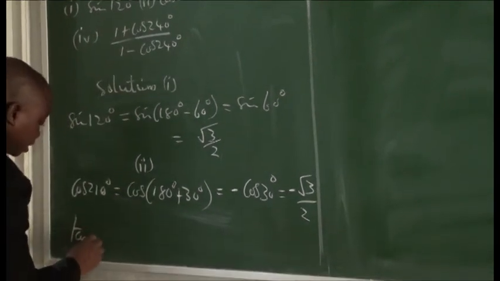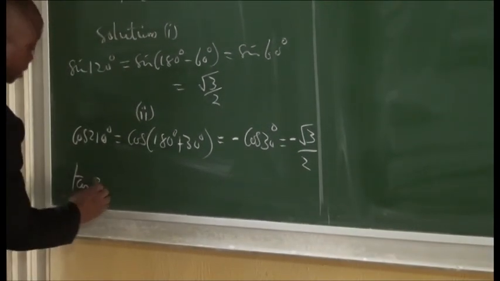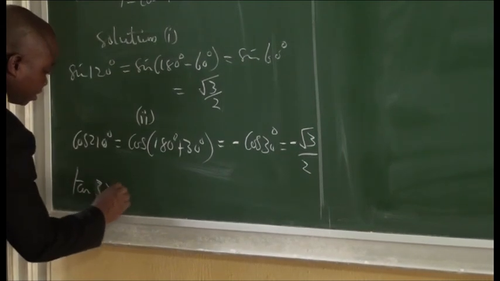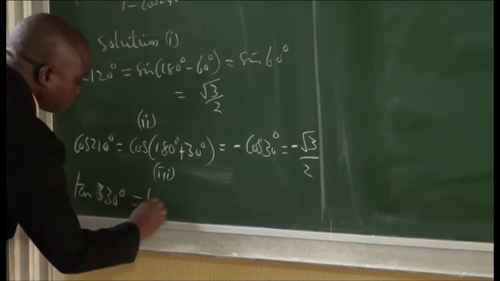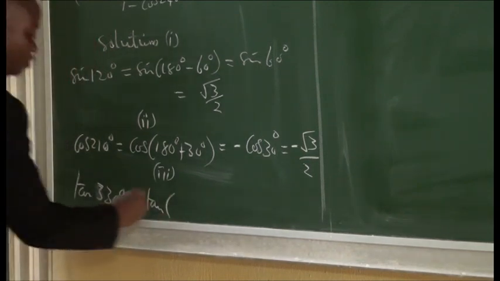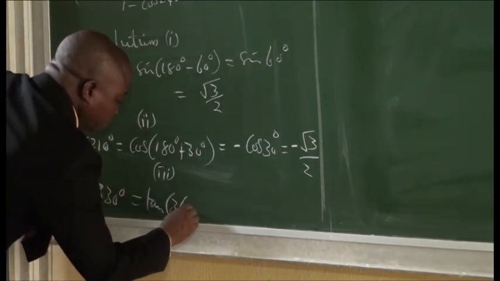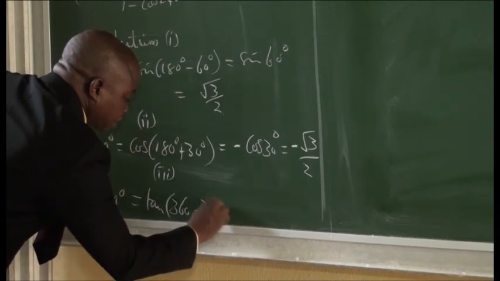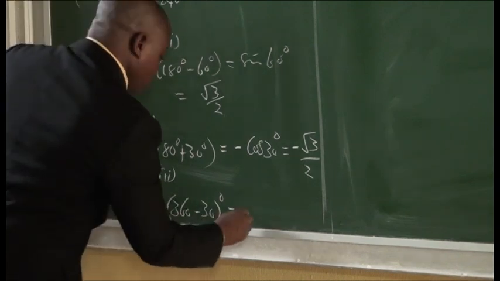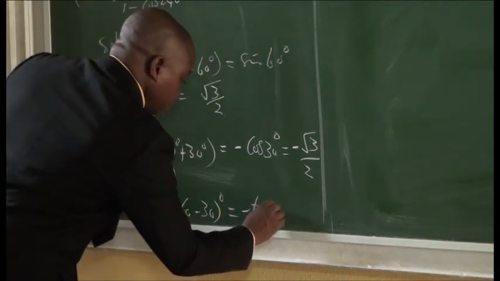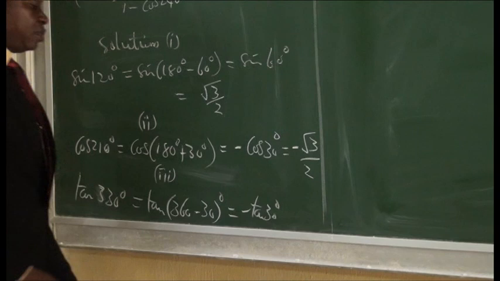Then tan 330 degrees, that is III, is equal to tan of 360 minus 30 degrees, which is equal to minus tan 30 degrees.